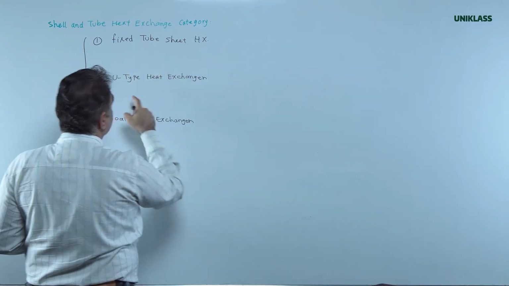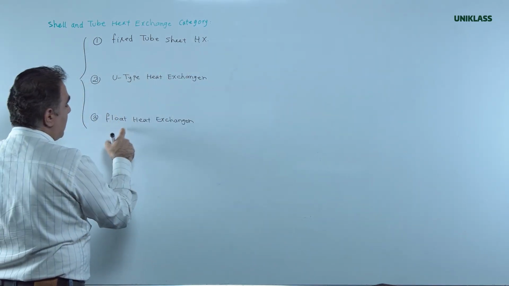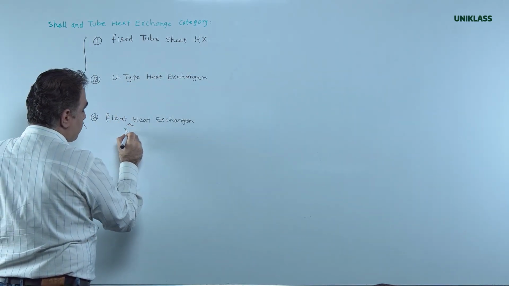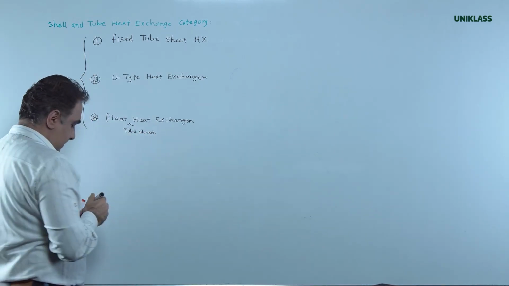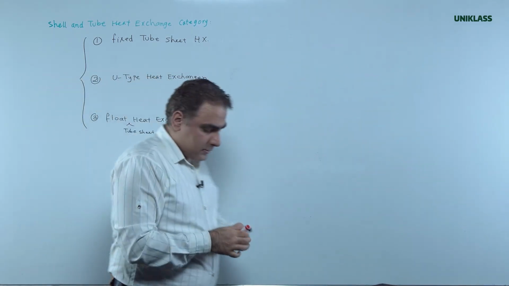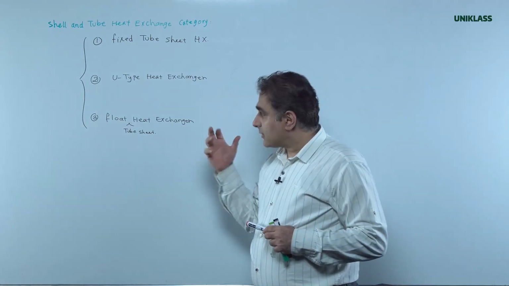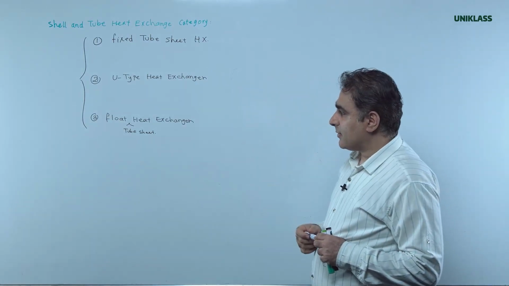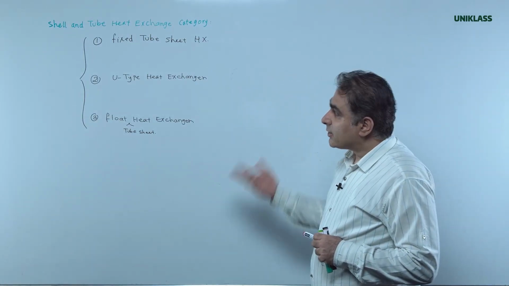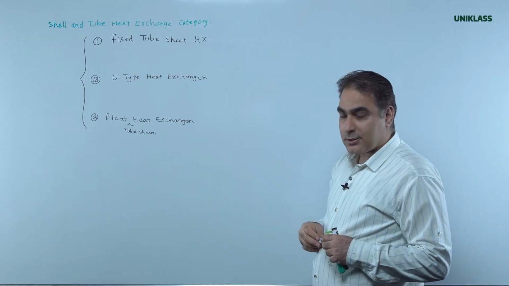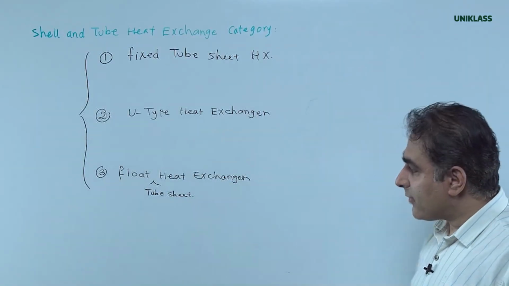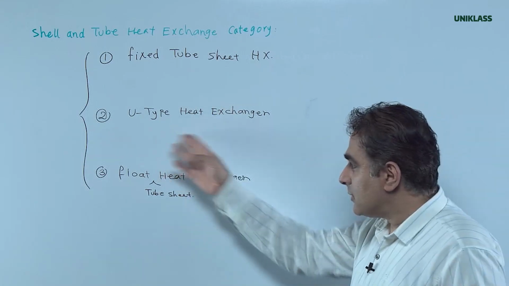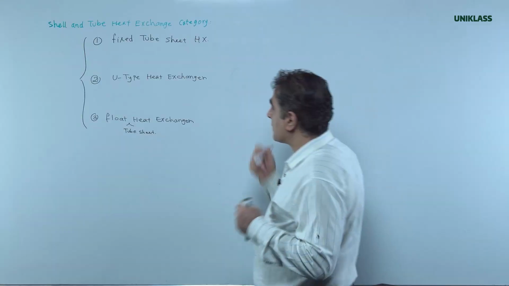Fixed tube sheet heat exchanger, U-type heat exchanger, and floated tube sheet heat exchanger. These are the three major portions of TEMA based on the construction data. When we are talking about the shell and tube heat exchanger, the construction information categorizes this type of heat exchanger: fixed tube sheet, U-type, and floated heat exchanger.